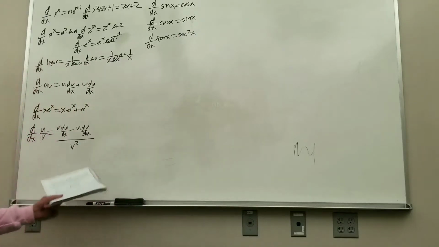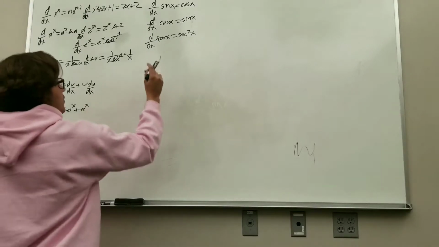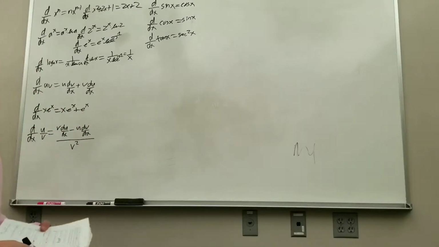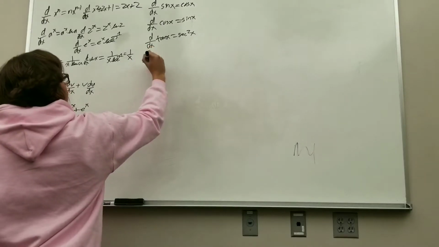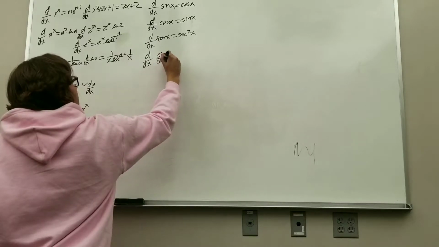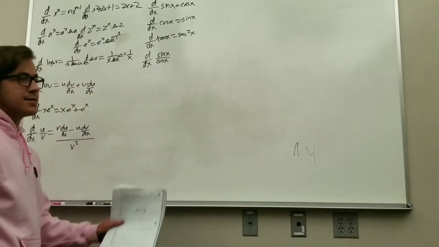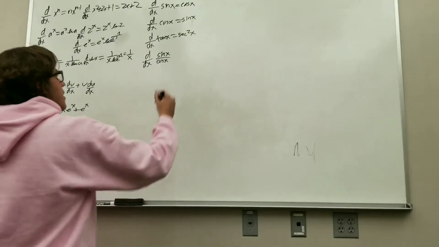And now I want to go back to an example for this quotient rule. So an example I actually really like is if you take the derivative of tangent, but instead of memorizing this rule, you can do the derivative of sine of x over cosine of x, because sine of x over cosine of x is the same thing as tangent of x.